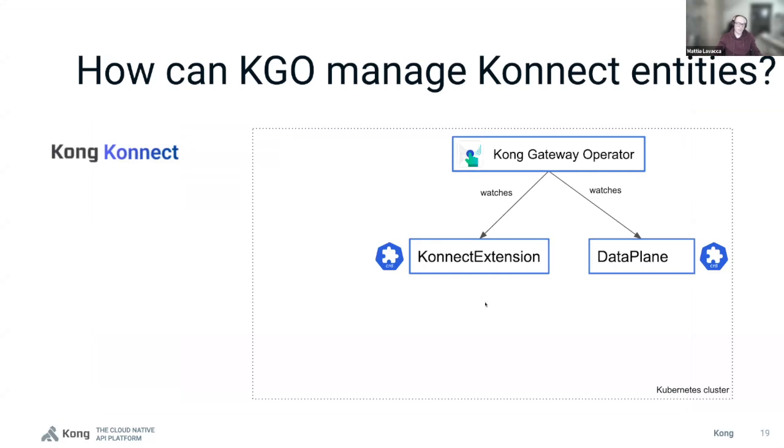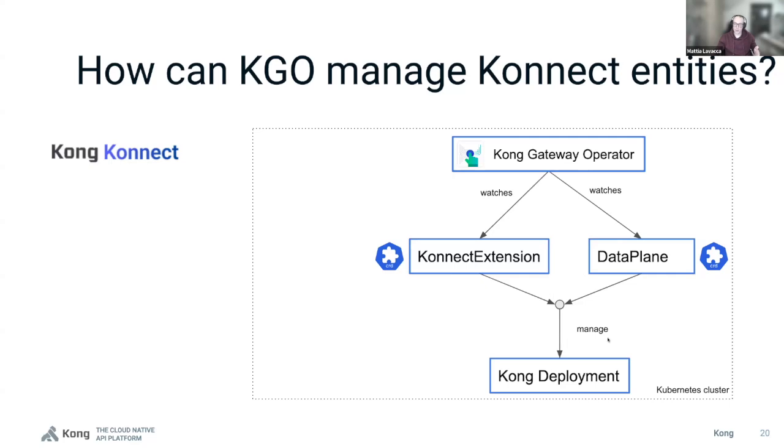The data plane is a CRD that represents an abstraction of a Kong proxy instance. And a Konnect extension is another CRD that can be used to customize a data plane with Konnect related configuration. So this is how it works. The Kong gateway operator watches for data planes and Konnect extensions and reconciles them by creating a bunch of underlying resources.